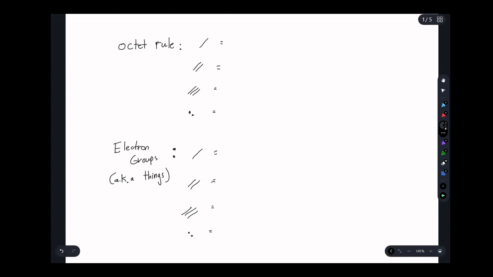Now, to do this, let's quickly revisit the octet rule and introduce an alternative way of looking at these bonds. So the octet rule states that you're going to need 8 total electrons around any atom, surrounding it, whether that be in bonds or lone pairs. So in the case of the carbons we've been looking at, a single bond is going to be worth 2 electrons, as it's composed of 2 electrons.